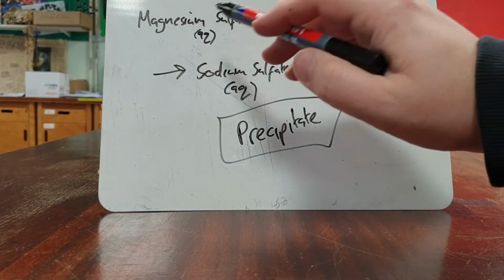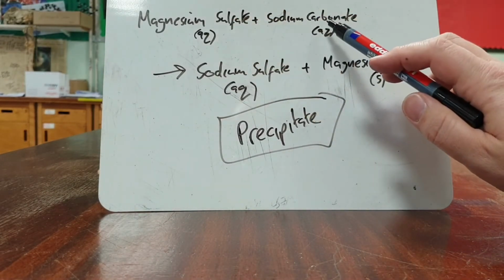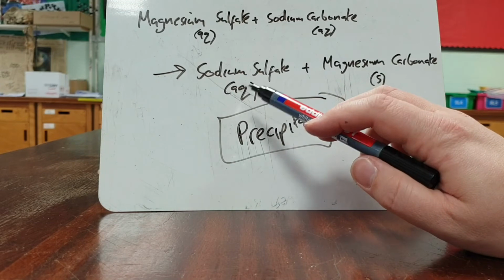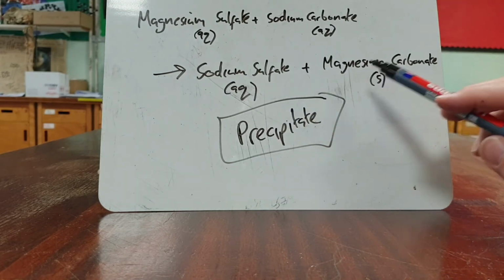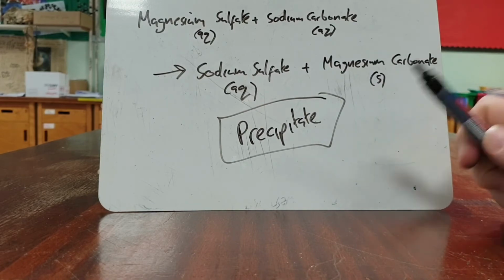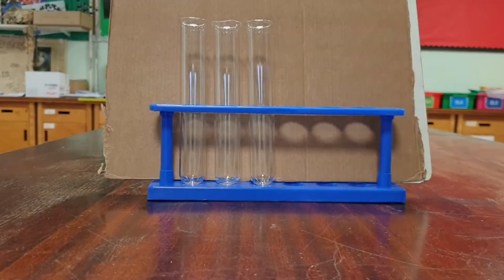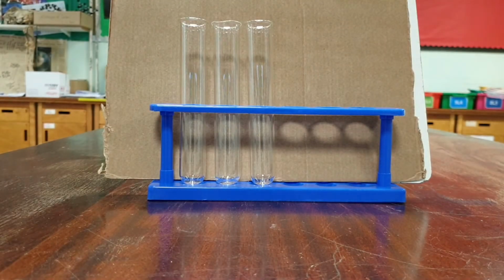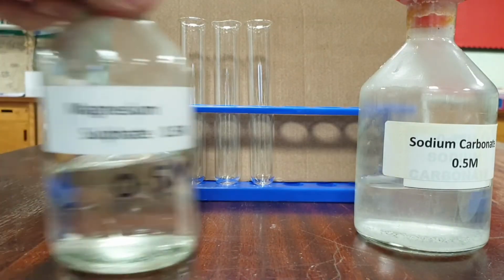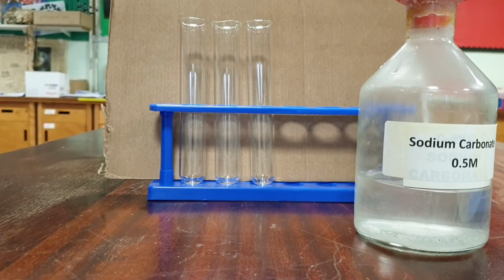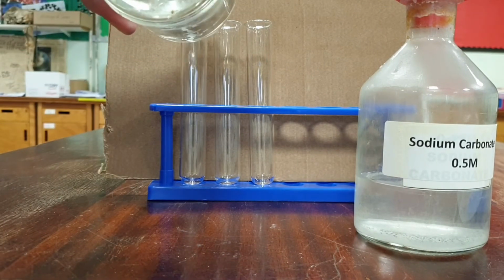So we've got an aqueous solution, and when we mix them together, that one is going to be aqueous, but this one is going to be solid. So we will make magnesium carbonate, which is a solid, which we call a precipitate. So if I show you here, I've got my magnesium sulfate, so I'll pour some into this one.